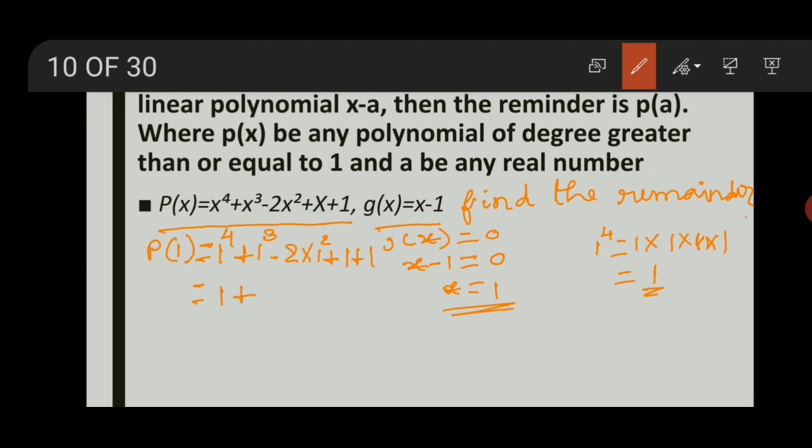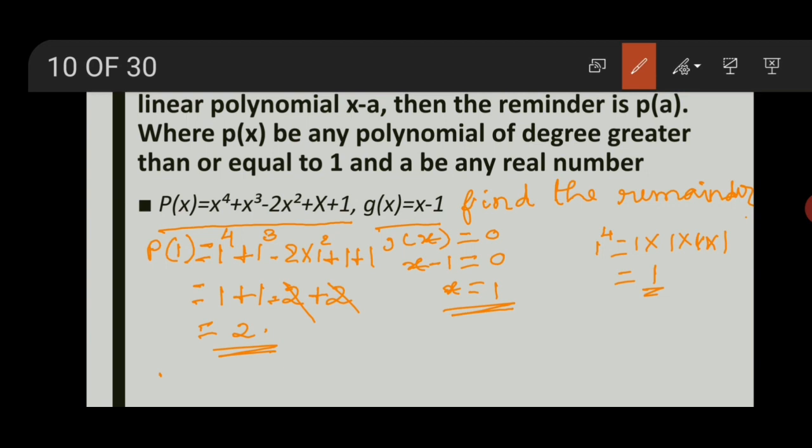So the product is 1. Again, 1 cube is also 1 into 1 into 1 equal to 1. Now, minus 2 into 1 square. 1 square is 1. 2 ones are 2. Minus 2 plus 1 plus 1. Now, what is the answer? Plus 1 plus 1. Here, minus 2 plus 2 cancelled.